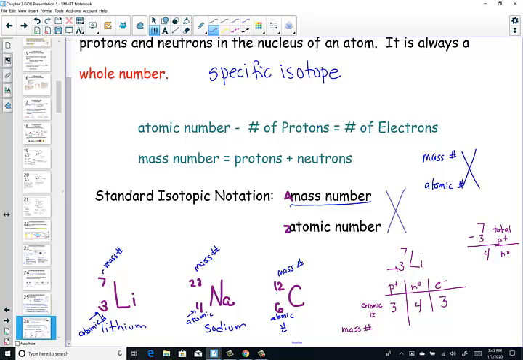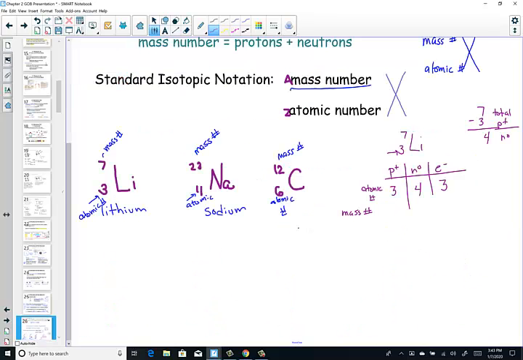In this example, the standard isotopic notation for carbon: protons, neutrons, and electrons. How many of each? Since the atomic number was 6, atomic number actually is 1T, let me correct that.